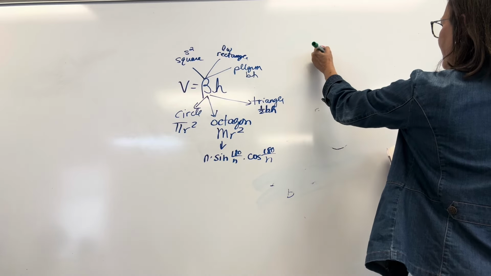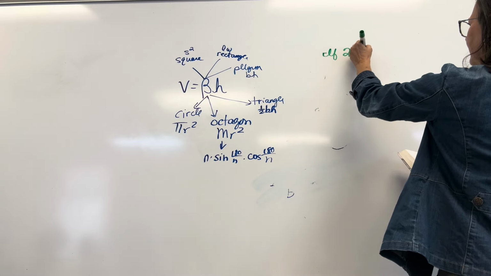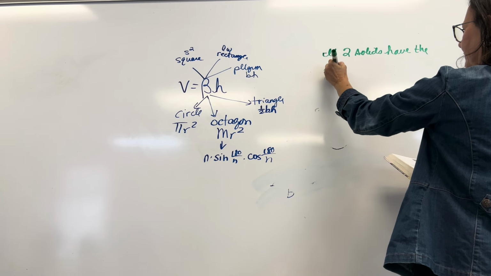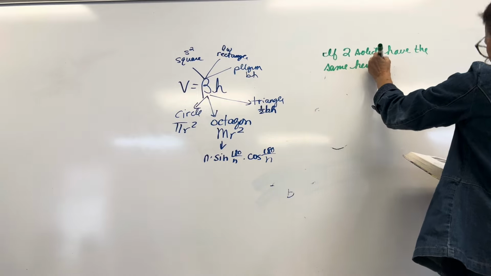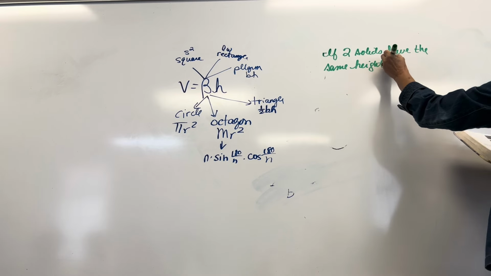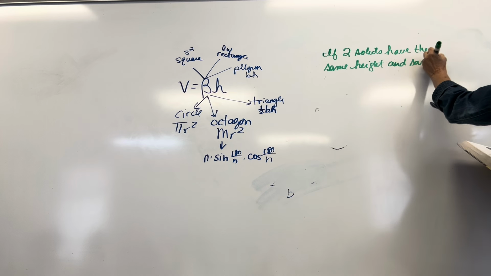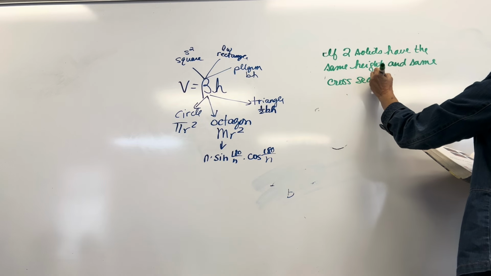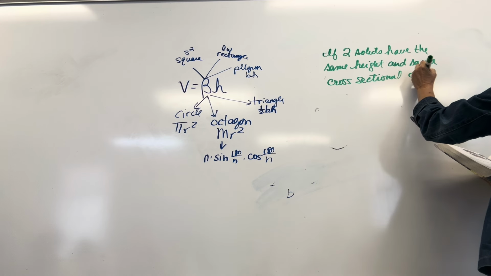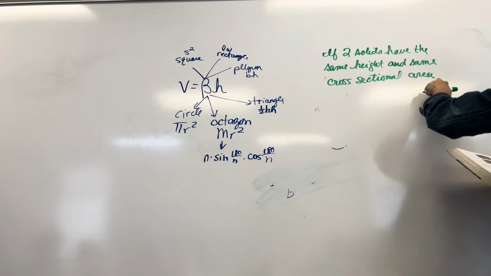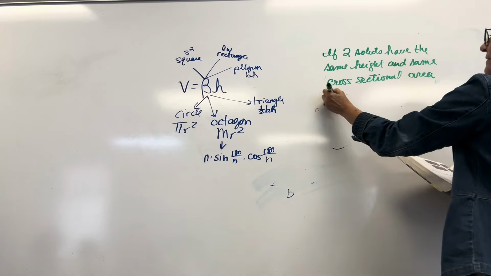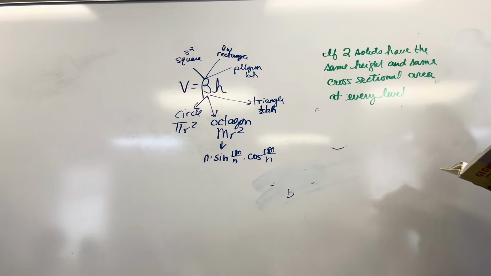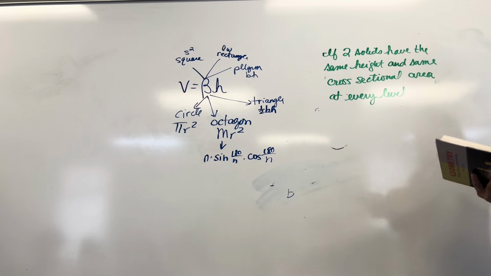If two solids have the same height and same cross sectional area at every level, that means it doesn't change shapes in the middle of the solid, right? They have the same volume.